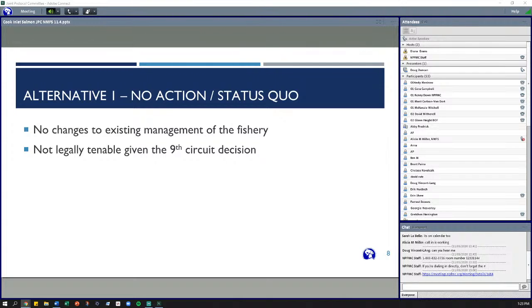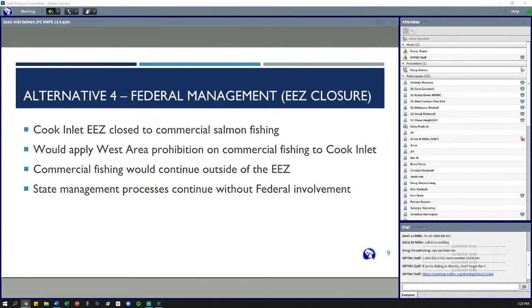I'm going to jump ahead next to alternative 4, just because it's also relatively simple. Alternative 4 would be federal management of the Cook Inlet EEZ with it closed to commercial salmon fishing. So this would, like I mentioned, apply the more general West Area prohibition on commercial salmon fishing to the Cook Inlet EEZ.